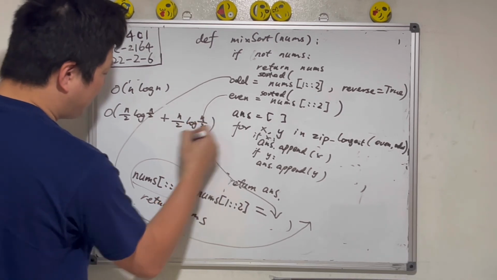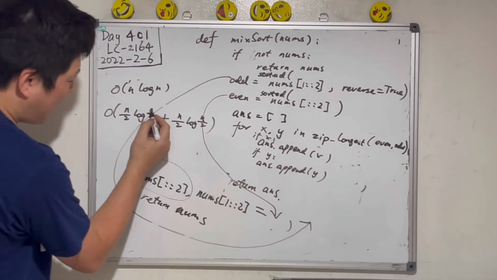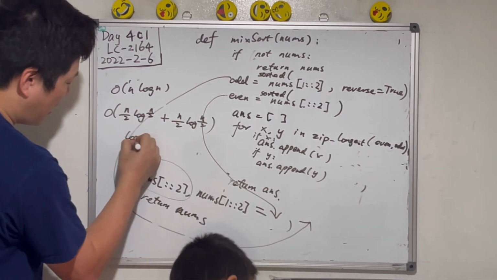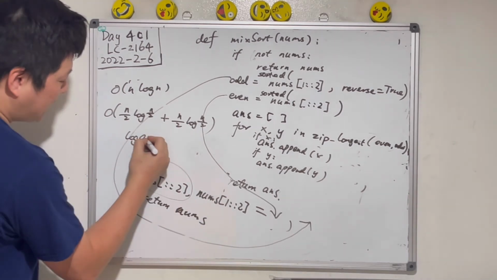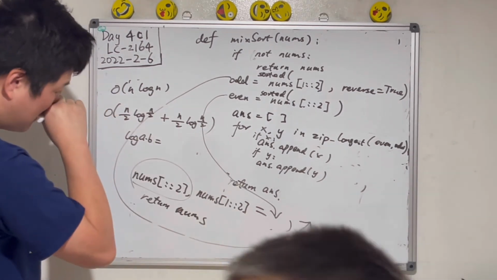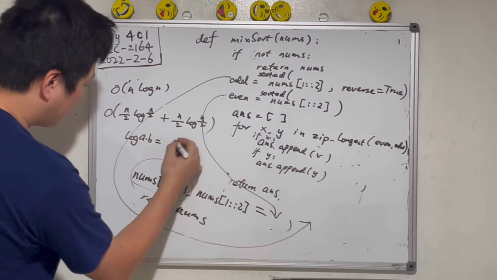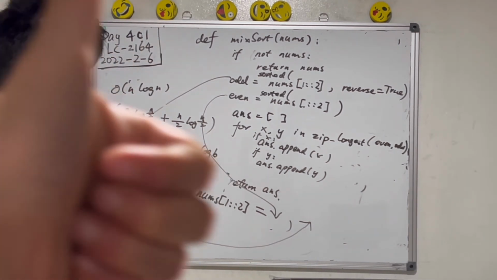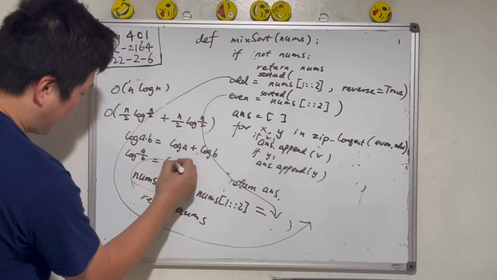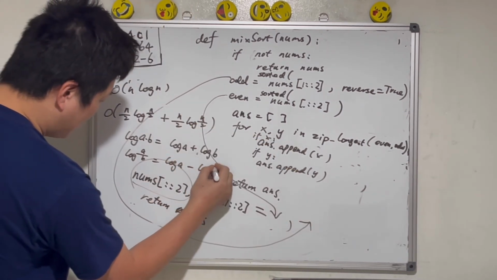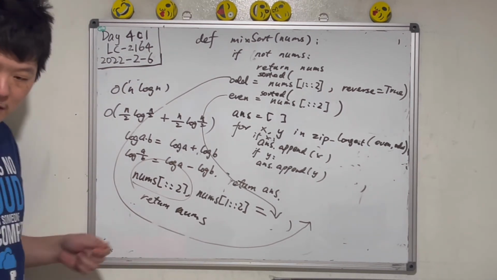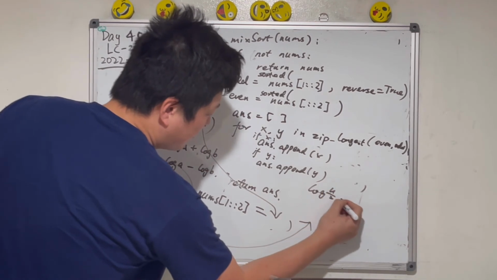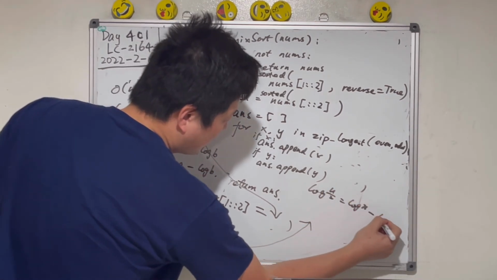But we are going to simplify this. n divided by 2 is a constant. Log of A times B equals log A plus log B, so log of A divided by B equals log A minus log B. So log(n/2) equals log n minus log 2.